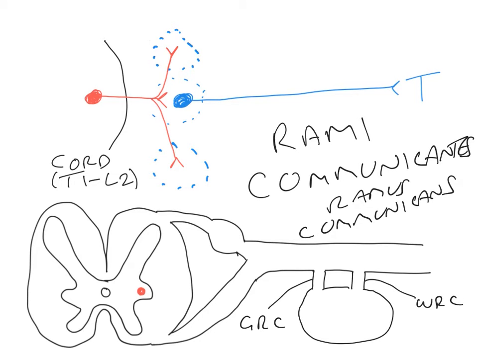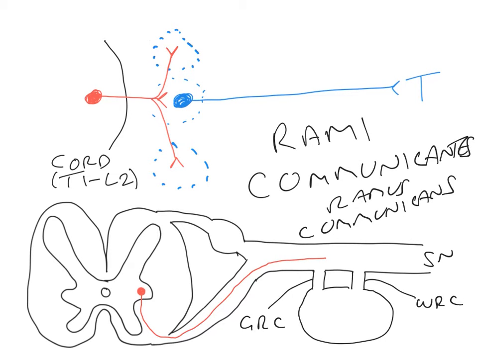And we're going to illustrate this now just by showing you a simple example of a sympathetic circuit. And this might be a circuit which provides sympathetic supply to a particular area of skin supplied by a given spinal nerve. So let's see how that works. Here we've drawn the cell body of our sympathetic preganglionic neuron, and it sends its axon through the ventral root and into the spinal nerve.